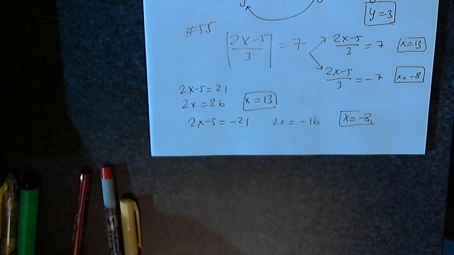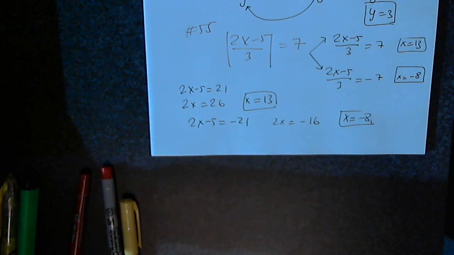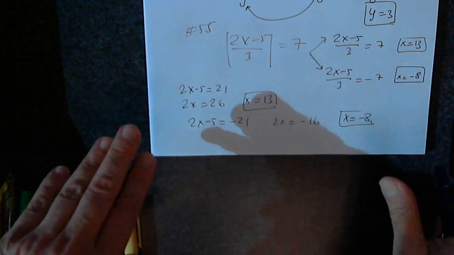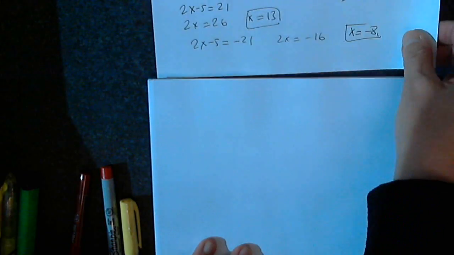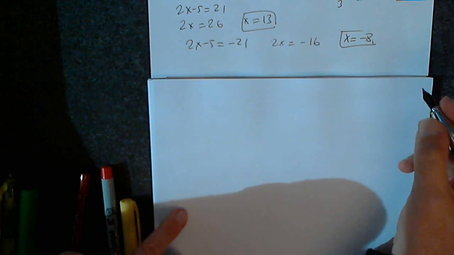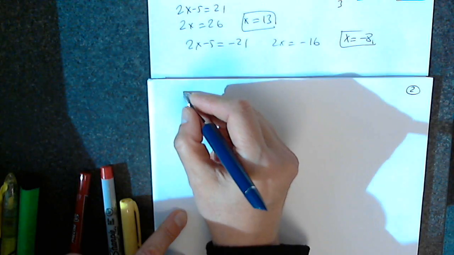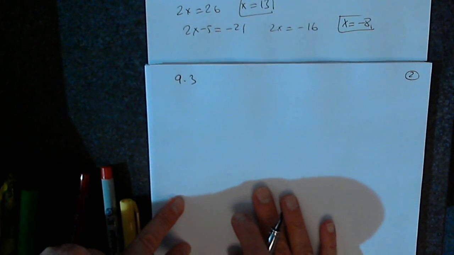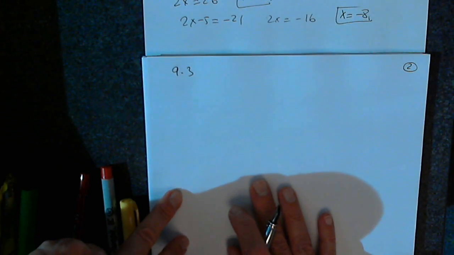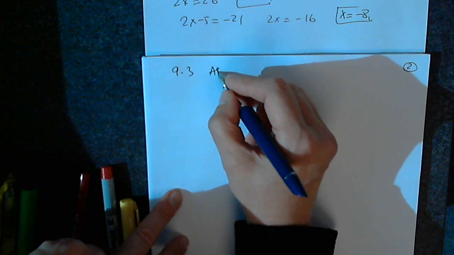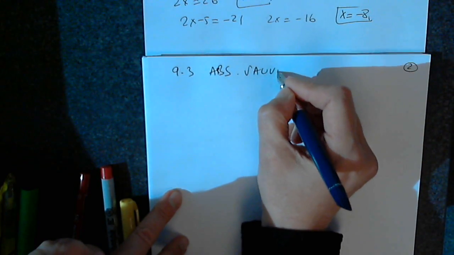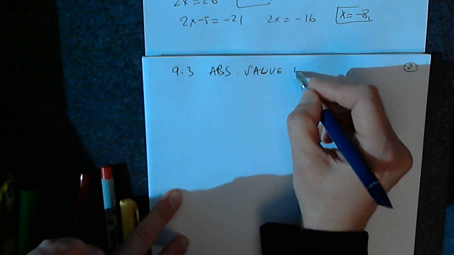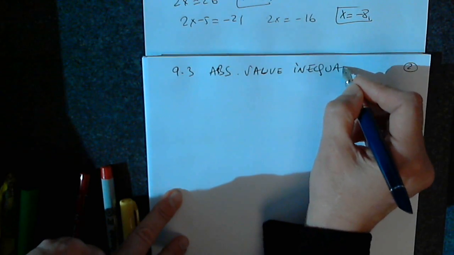Thank you. So I think that we've refreshed our memory on what's happening here. So now we can move on to 9.3. In 9.3, we will solve absolute value inequalities.